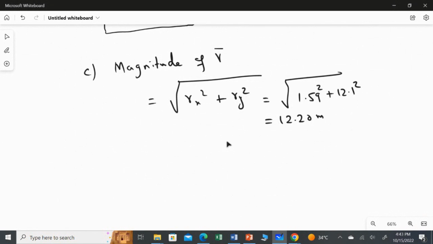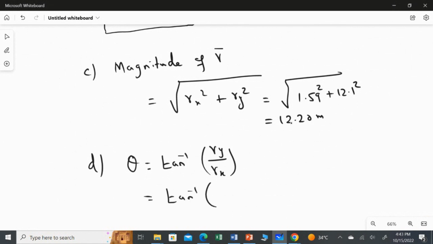What is the angle? D part, the angle theta, which is equal to tan inverse of r component y, that means r vector y component and r vector x component. Substitute the value. Tan inverse of y component of r is 12.1 and x component of the r is 1.59.